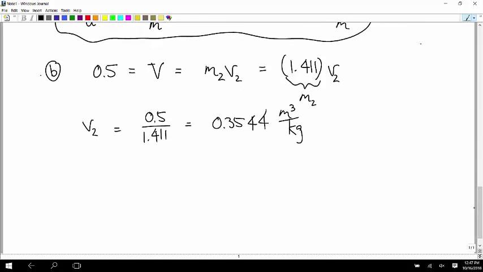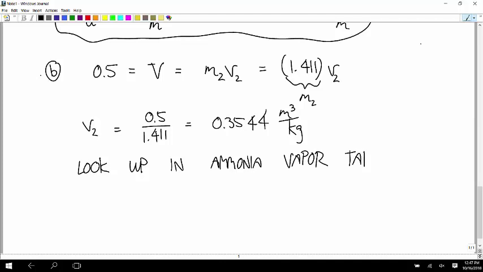And now we can look that up in the table. So in the ammonia vapor table, because we know that the temperature is what it was before. So T2 is 40 degrees Celsius.